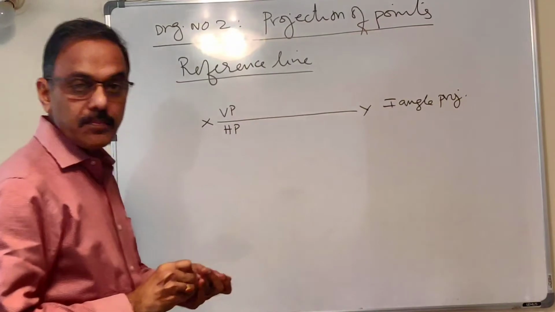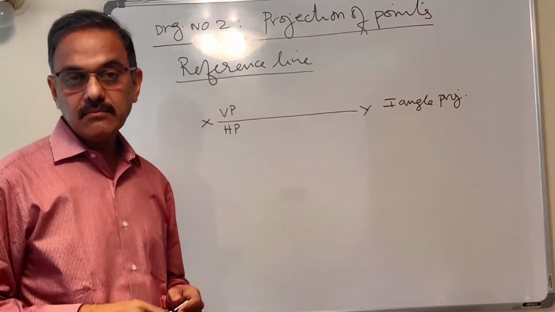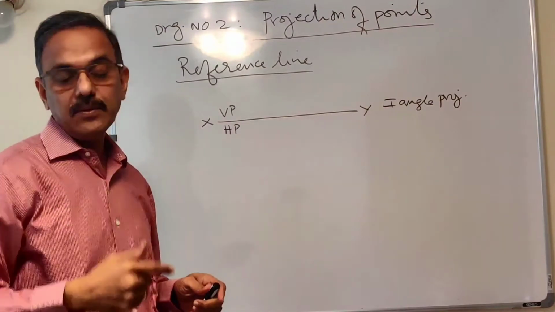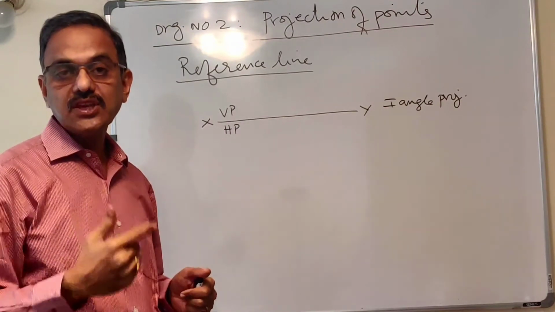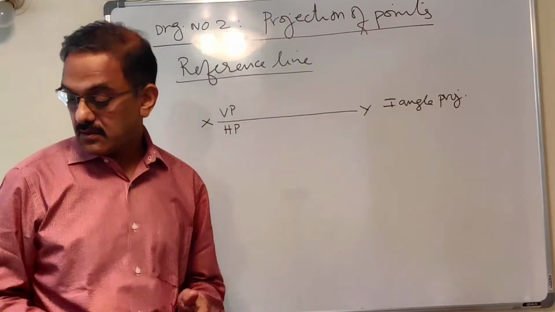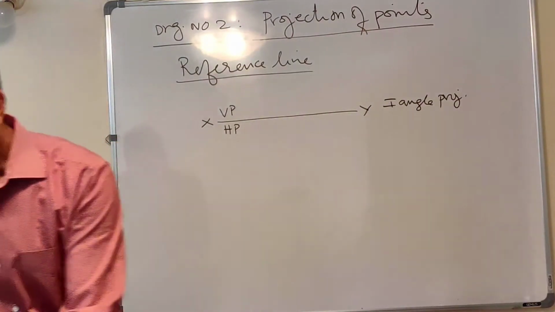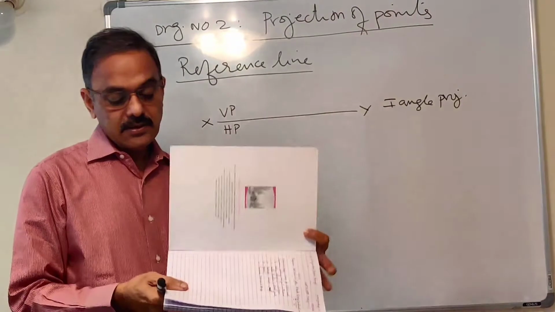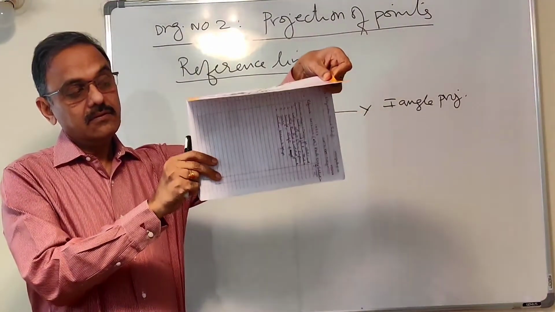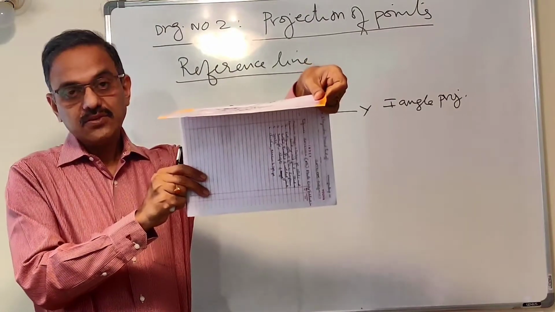Then how do you represent it for third angle projection? Your roof is HP. When you imagine the roof is rotated by 90 degrees, it's like this. This is the roof, which was HP.